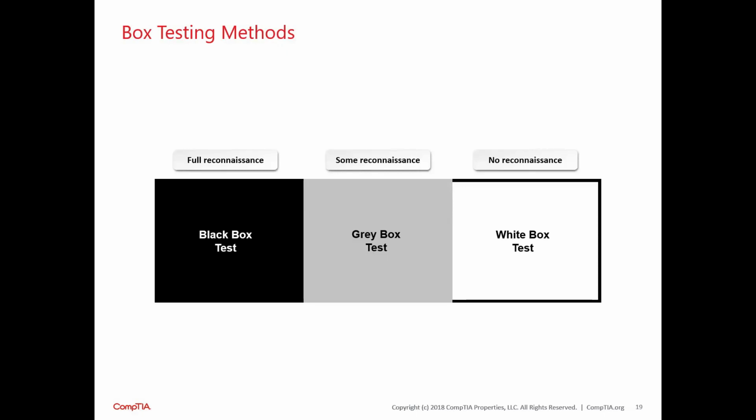For example, static code analysis or source code analysis is considered white box because you will be given the source code. While when you do very deep reconnaissance, I would say that is assumed to be a black box test because you will need to find a lot of information before being able to access the system.